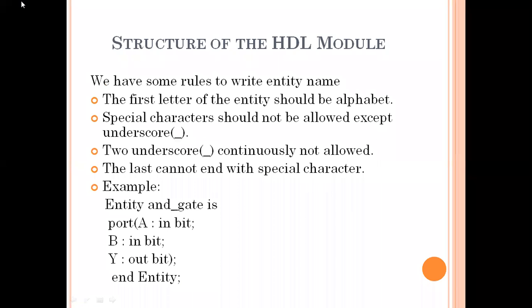This is the structure of the module, and these are the rules to write the entity. The first letter of the entity name should be an alphabet. Special characters are not allowed except underscore. Other than underscore, no special character is allowed.